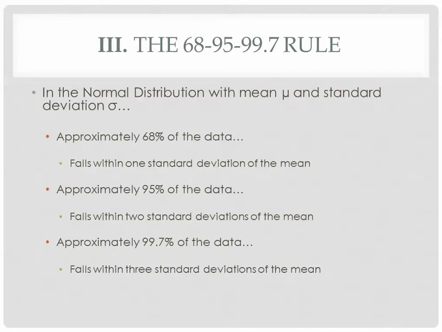Okay, you remember this, I hope, from when we talked about standard deviation. We're talking about variation, and we talked about how there is this one special distribution, one special curve, one special shape of thing, where you have approximately 68% of the data falling within one standard deviation of the mean, approximately 95% of the data falling within two standard deviations of the mean, and approximately 99.7% of the data falling within 3 standard deviations of the mean.